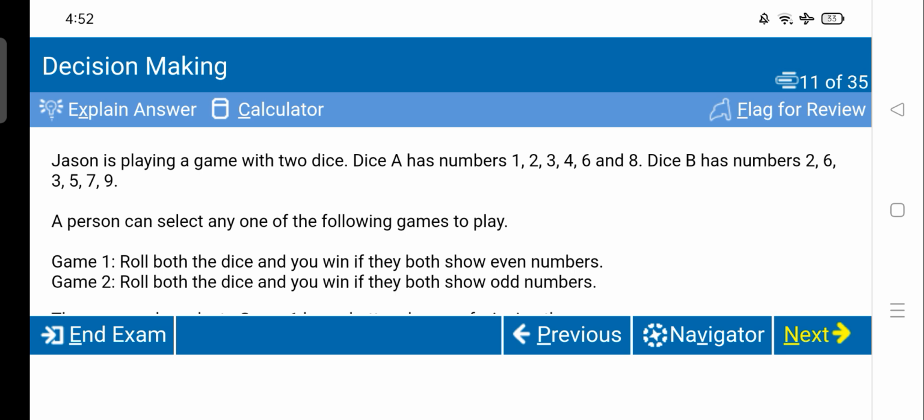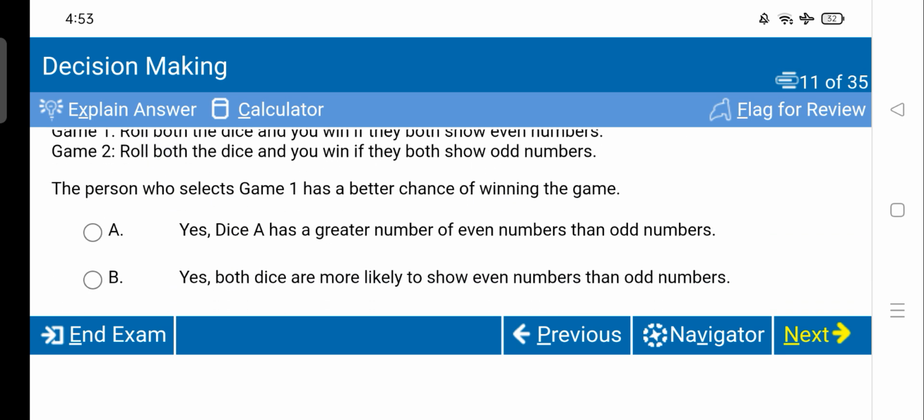So a person can select any one of the following games to play. Game 1, roll both the dice and you win if they both show even numbers. Game 2, roll both the dice and you win if they both show odd numbers.